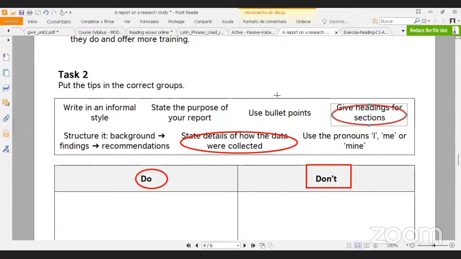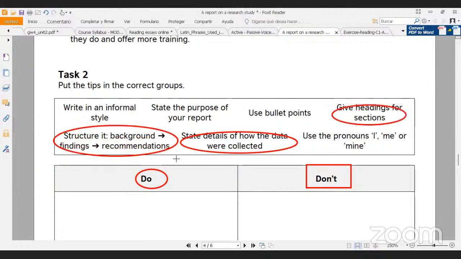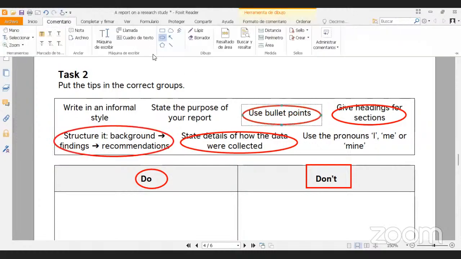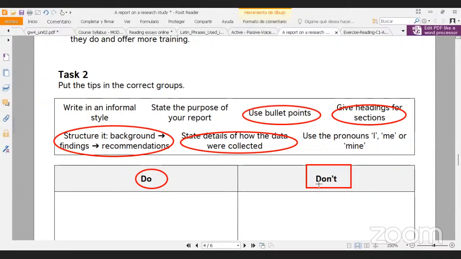Structure background, findings, recommendations. Okay, structured background, findings, and recommendations, correct. And what about don'ts? Okay, yes, writer? For do, use bullet points. Okay. And what about don'ts?